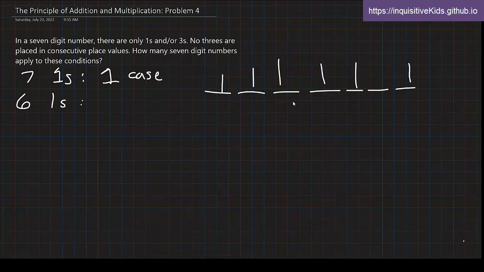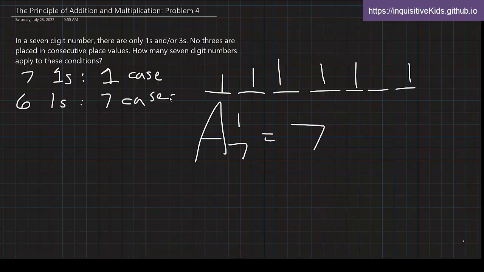So you could choose any one of those spots, out of all 7 spots where this can be. We're choosing one place value to be that 3. So we can set the equation A(7,1), which is equal to 7. So this is 7 cases. It makes sense that there are 7 different places the 3 could be when there are 6 ones.